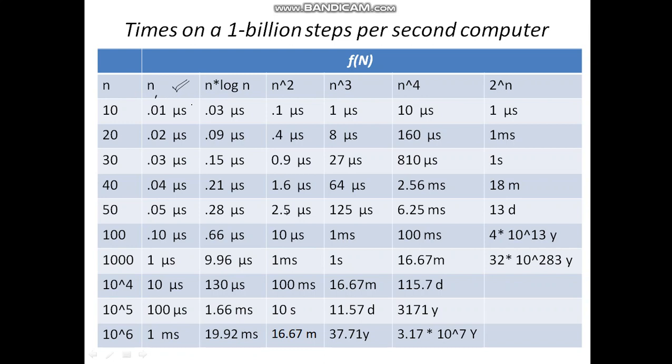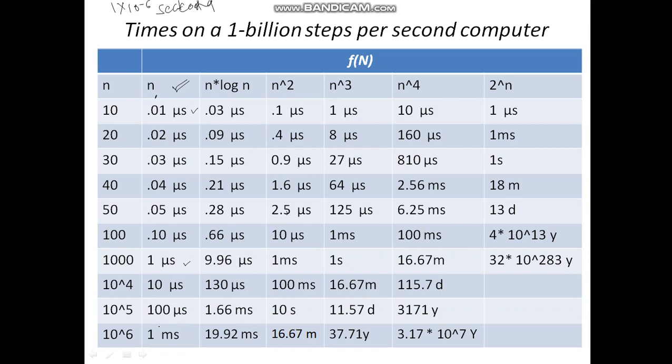So all the algorithms whose complexity is n, for the problem size 10, they are taking 1 microsecond, which is not countable at all, which is very much less. And you can find that for 1000 it is 1 microsecond. Now how much is 1 microsecond? It is 1 into 10 raised to minus 6 seconds, the 10 raised to minus 6th part of a second, and you cannot identify it.